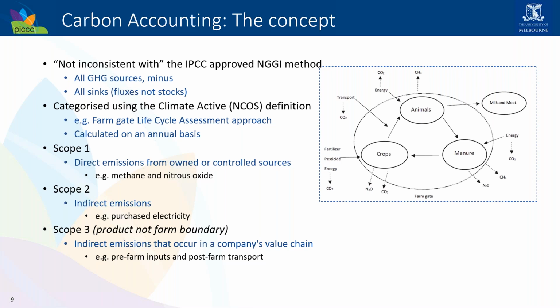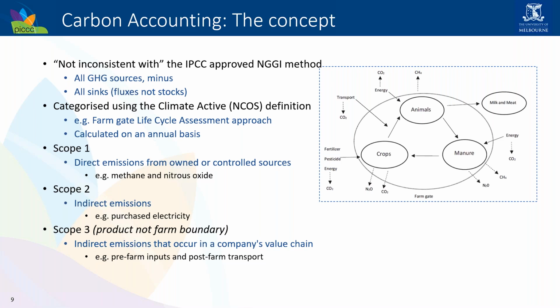And then if you're within Australia trying to make a measurement of your emissions, you need to make sure that your reporting is not inconsistent with the way the National Greenhouse Gas Inventory method conducts that. And that will be different. So the method for Australia is actually different to the method in New Zealand, so you can't just pick up a tool that works in New Zealand and apply it in Australia.